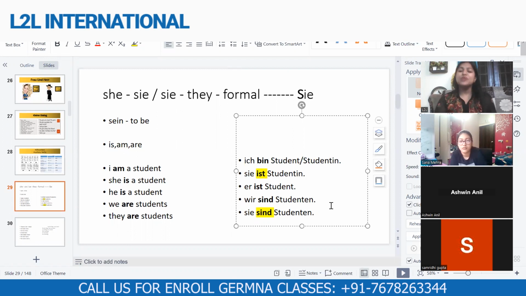Now, another question can come up: ma'am, when we are starting a sentence, the first letter has to be capital in every sentence. Then how would we understand? This question can also come, right?